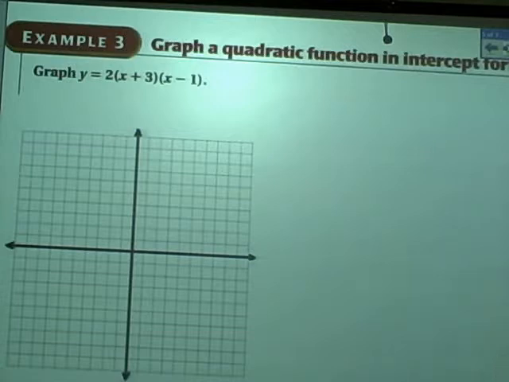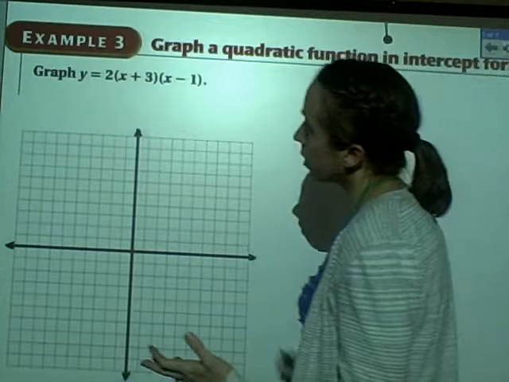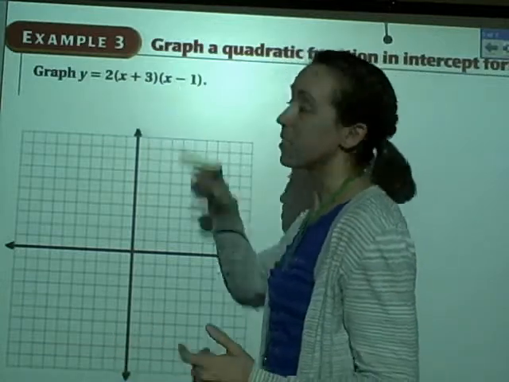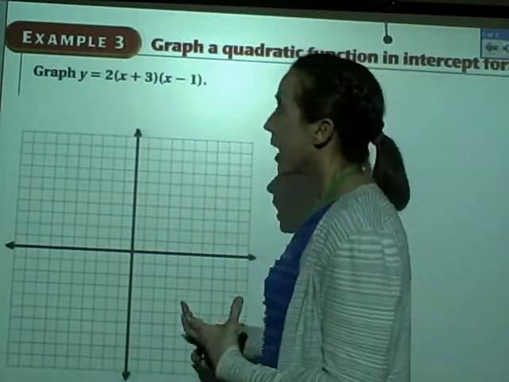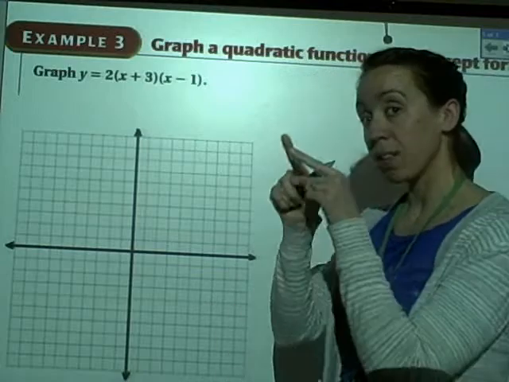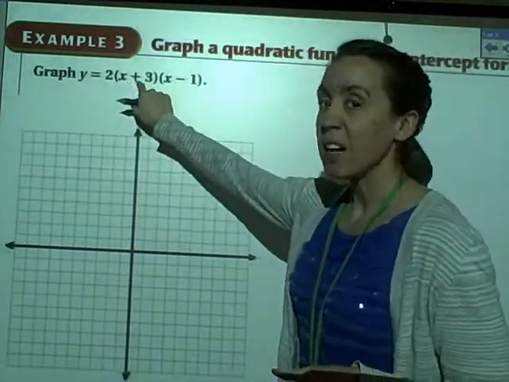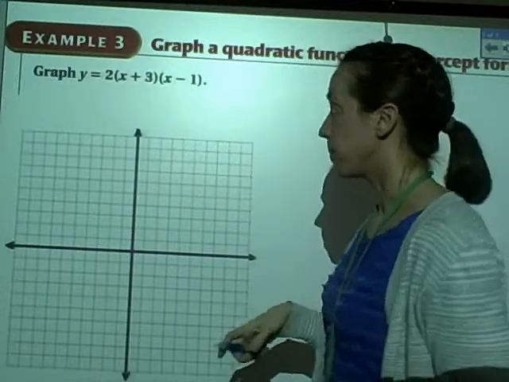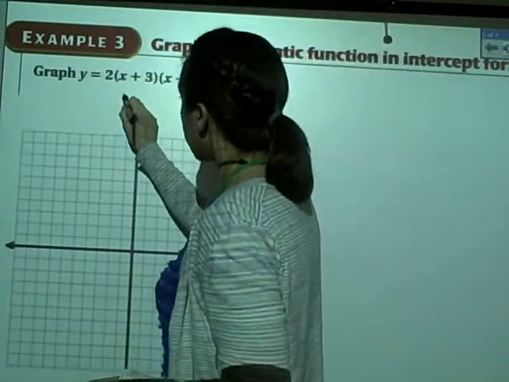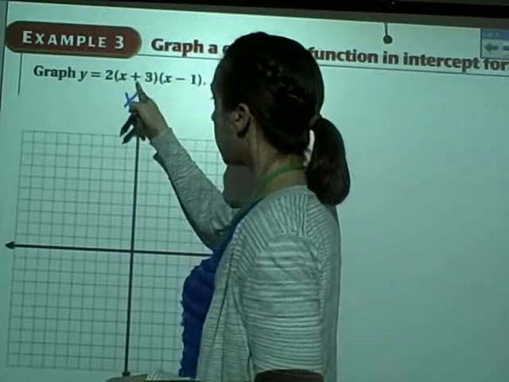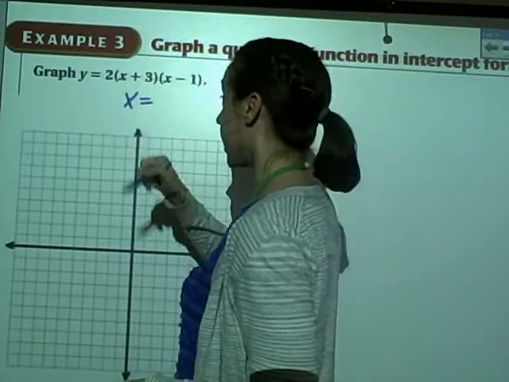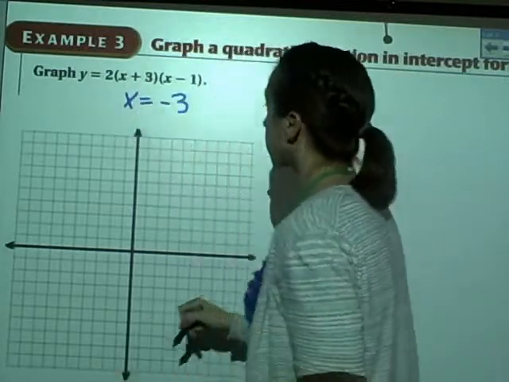Our very first step is to figure out what those intercepts are. So I'm going to look at what is right next to x in my parentheses. Anytime you're graphing and it involves parentheses and you're pulling something out of the inside of those parentheses, you pull out the opposite. So here, our first intercept, opposite of positive 3 is negative 3.